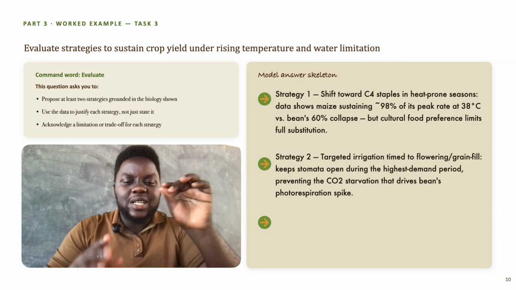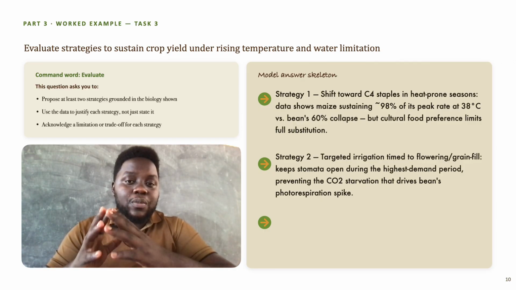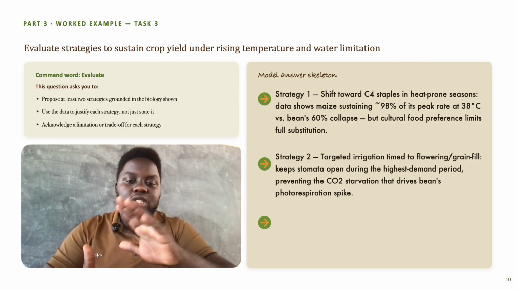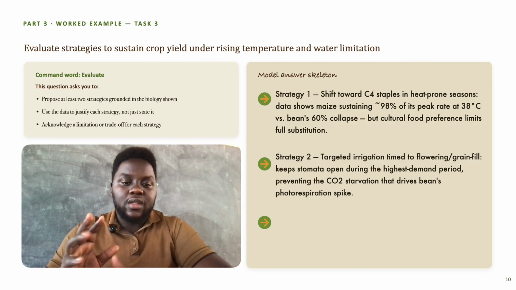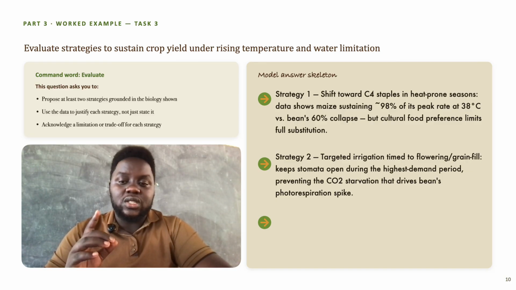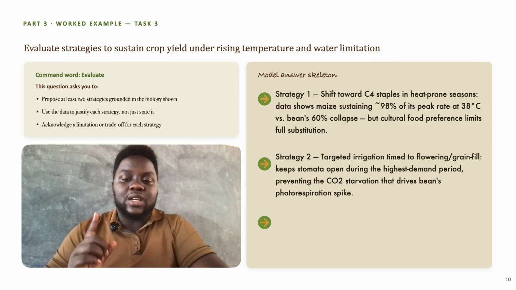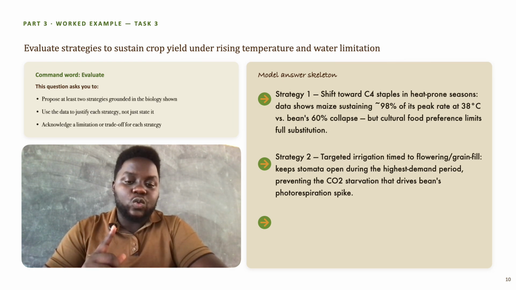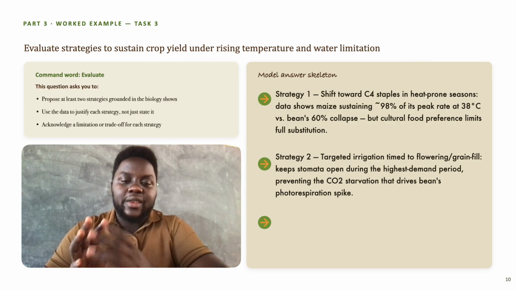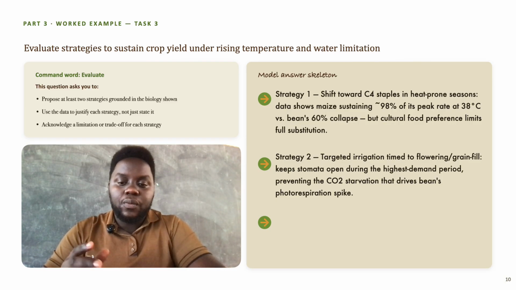If you can keep internal carbon dioxide levels adequate precisely when the crop needs it the most, you are going to sidestep the entire mechanism that we discussed in task 1 and task 2. This is a more immediately actionable strategy than substituting full crops. But its limitation is resource availability, because the infrastructure for irrigation costs a lot of money and it requires water availability and access that not every small farm holder can afford.